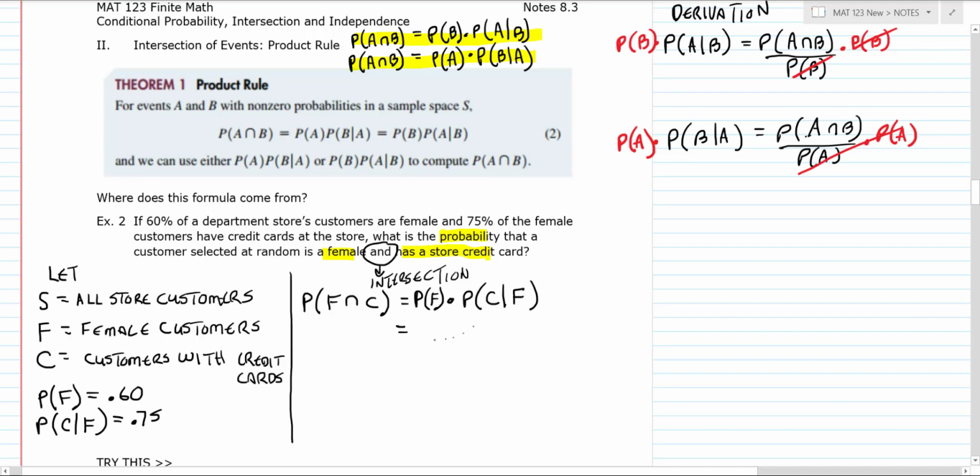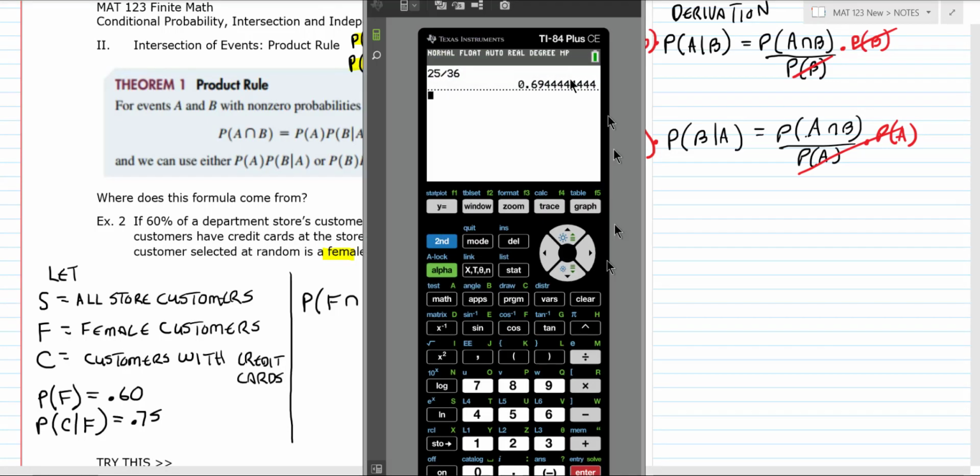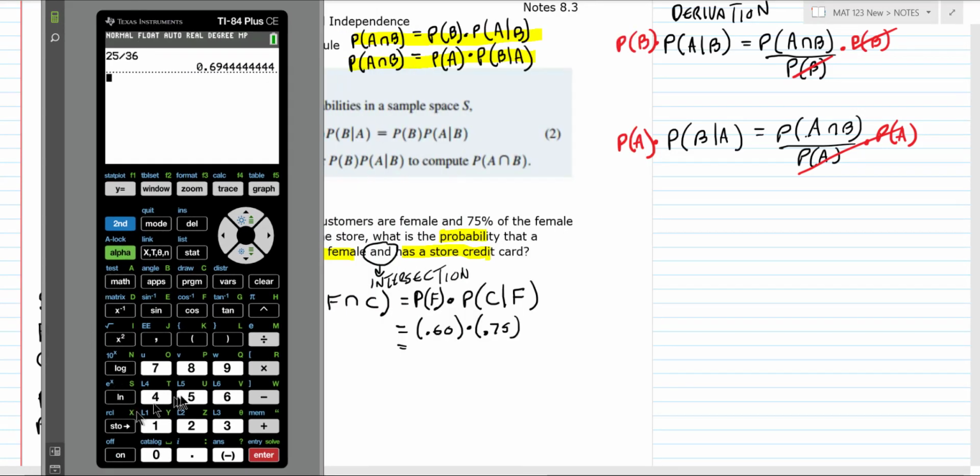The probability that they're female is 60%, and the probability that they have a credit card, given that they're female, is 0.75. Then you could take the calculator and multiply those two numbers out, and you would have the answer to the problem. So 0.60 multiplied by 0.75 will give you that probability. I think that's 0.45, or you could write that as about 45%.